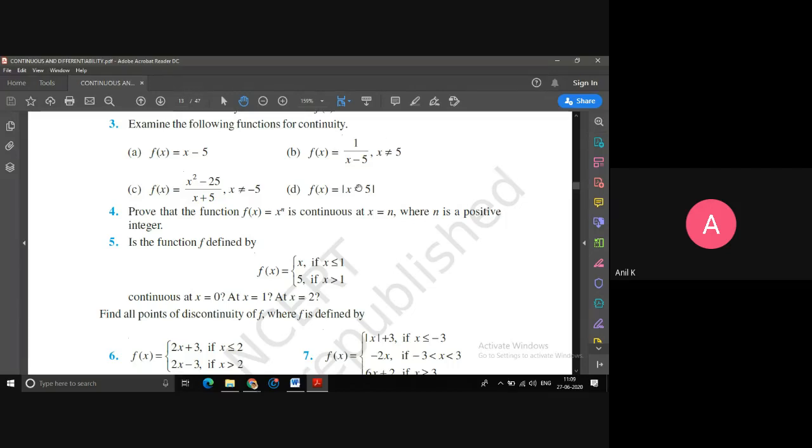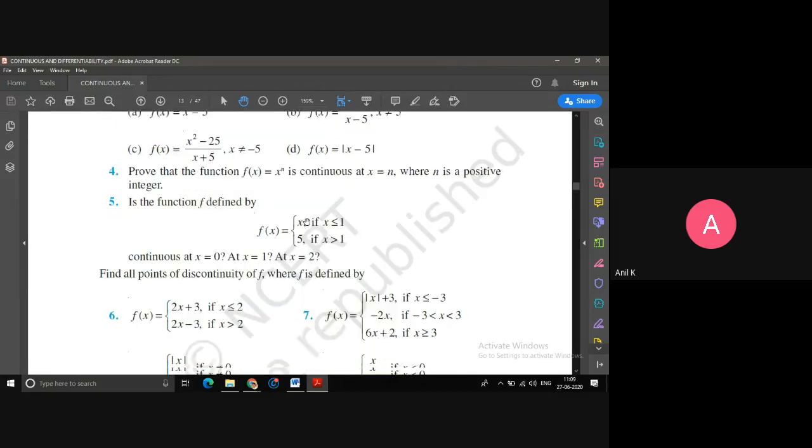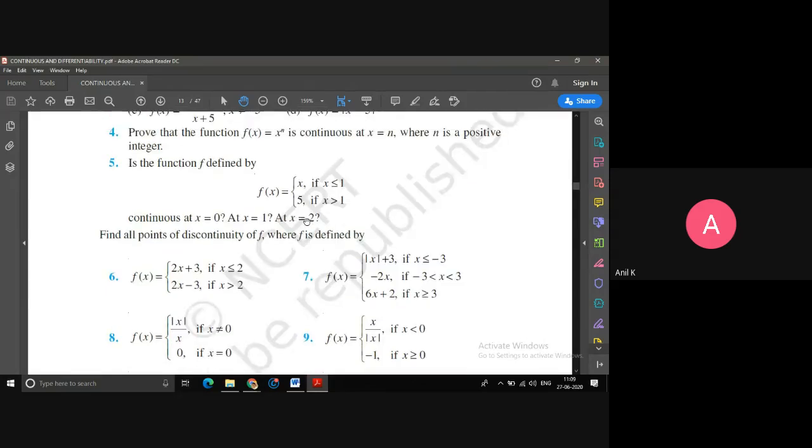Anyway, you can use that one. Next, prove that x power n is continuous at x equals n, where n is a positive integer. X power n is again a polynomial, I mean an algebraic expression, and every algebraic expression is a continuous function. That way you can put it. So hence it will be a continuous function.